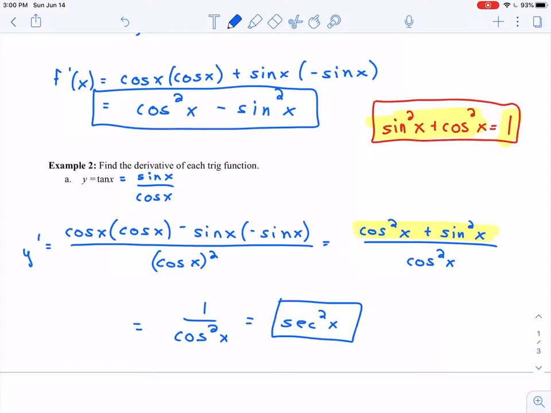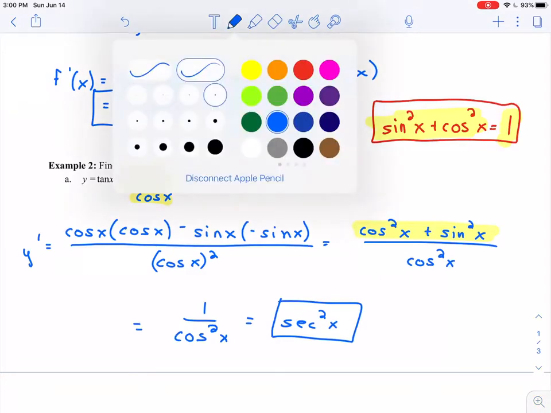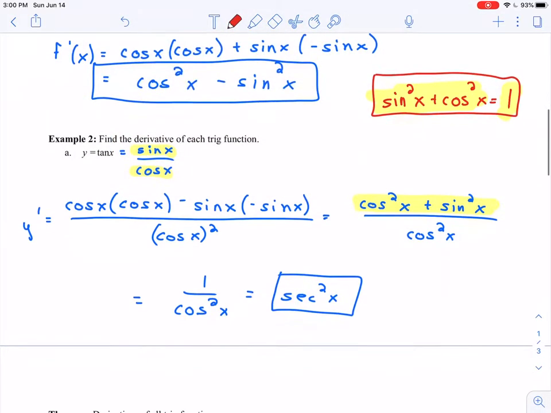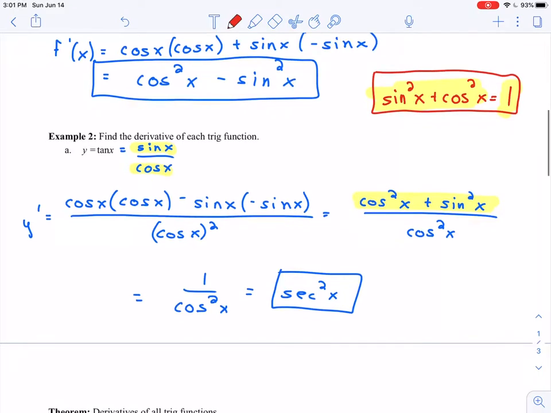So the derivative of tangent of x is actually just secant squared x. And this is a really cool exercise because you can come up with the derivatives of all of your other trig functions if you just know the derivative of sine of x and cosine of x. Because I can use trig identities to rewrite all of those other trig functions. So if I'm working with, say, cosecant of x, I know that that's really just 1 over sine of x.